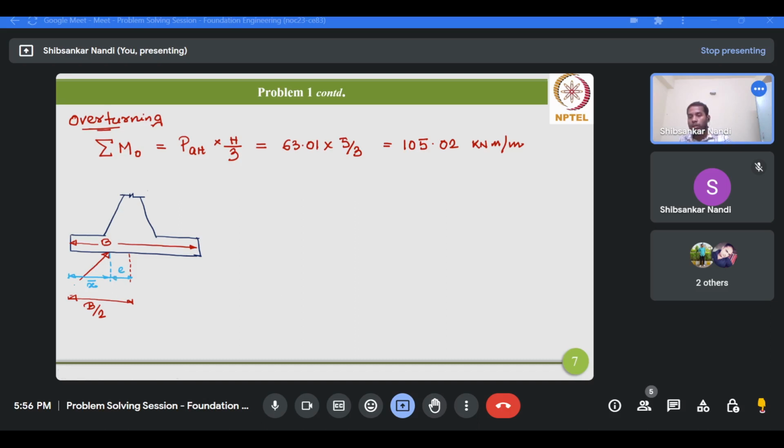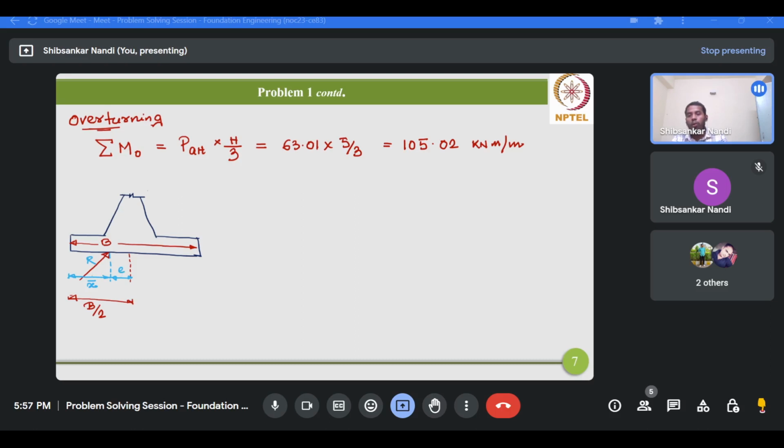So this is your R. Are you getting my point? So this is the center of the footing, the retaining wall base. This is the location of the resultant reaction at the base, which is basically acting at a distance of x bar from the toe of the wall, and this is the eccentricity of the resultant reaction with respect to the center of the base of the wall.